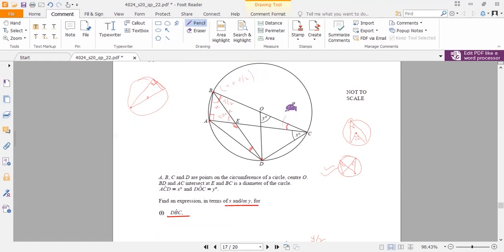To find this angle, we need to subtract these two, 90 and X plus Y upon 2, from 180.